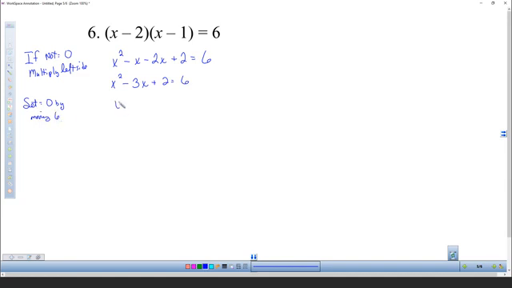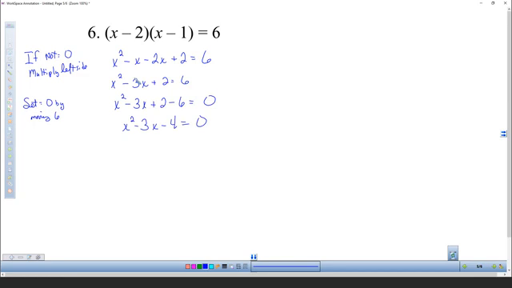So I'm going to have x squared minus 3x plus 2 minus 6, and this is going to be equal to 0. I could have done it all at once. That's perfectly fine. If you could go from this step right here to this last step, there's nothing wrong with that. I just wanted you to see that that 6 moved over, okay?